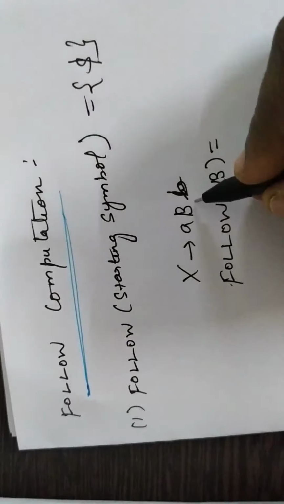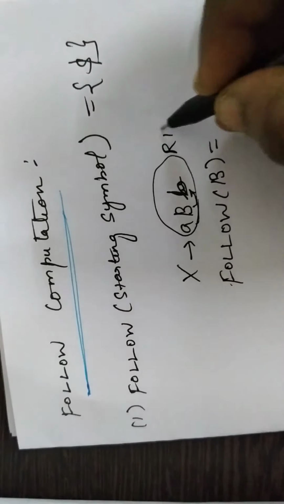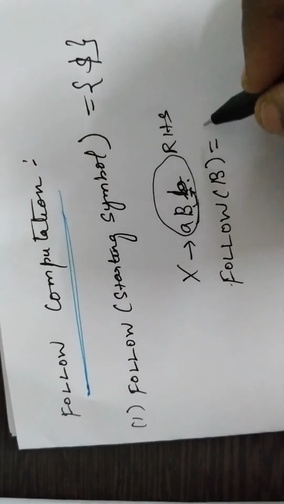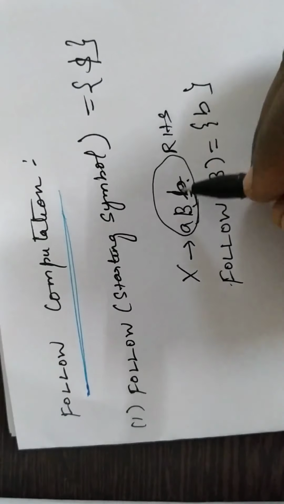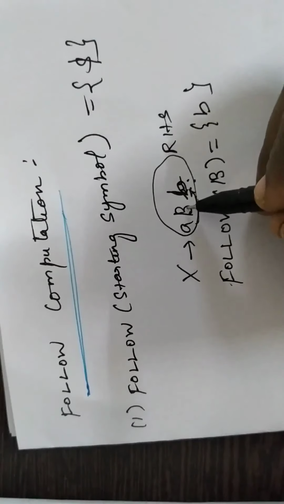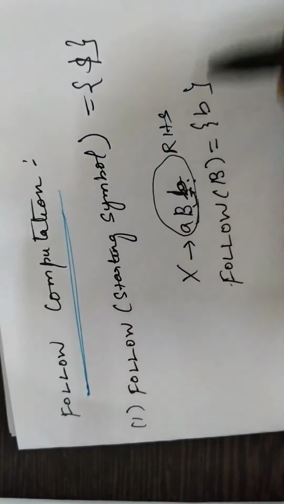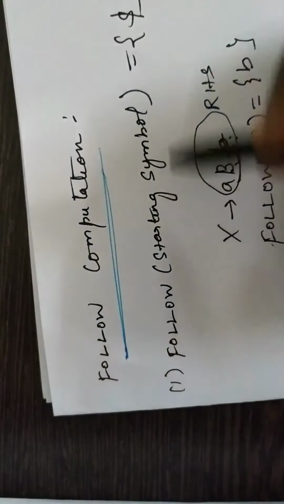Follow of B is who is following B, on the right hand side of the production. After B is small b. So this is follow. Follow means we have to check the right hand side of the productions, for all the non-terminals. This is the first rule.